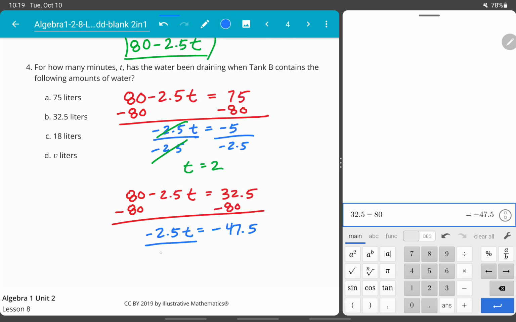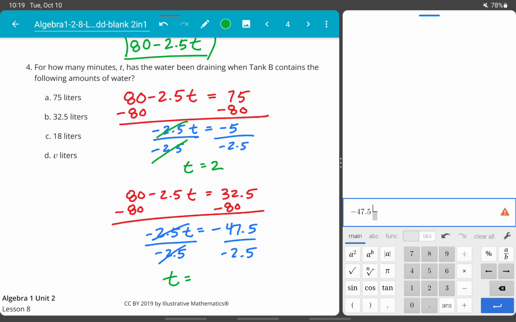Divide both sides by negative 2.5. And these will cancel off, and we'll get T equals negative 47.5 on the top, negative 2.5 on the bottom, and we should get 19. That's our second answer, so that's 19. Oh, and our first one was 2.